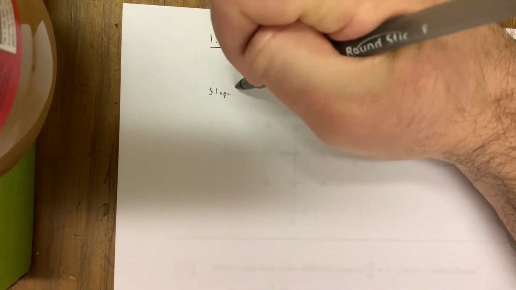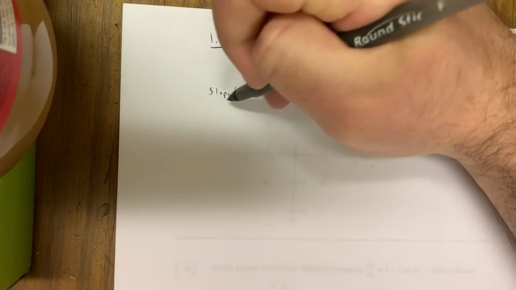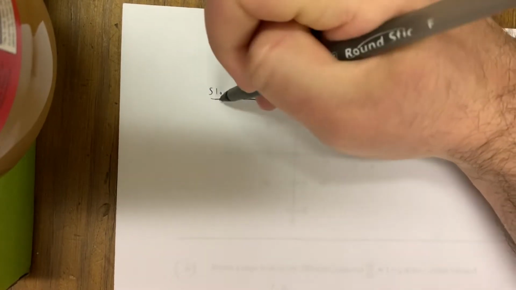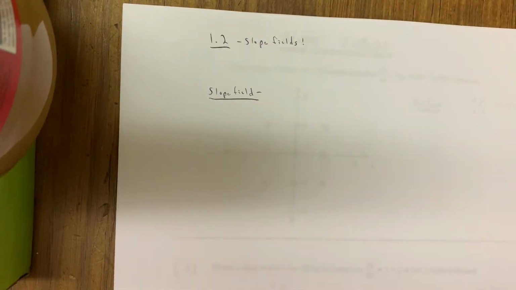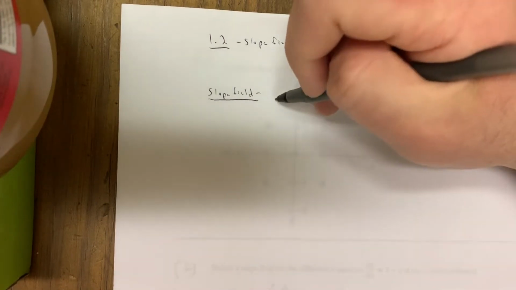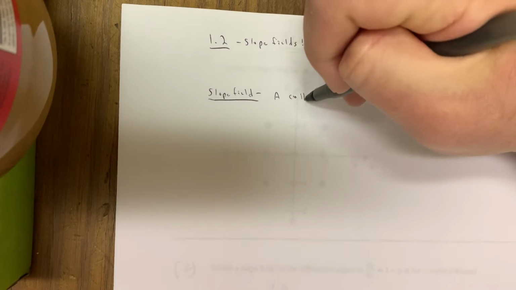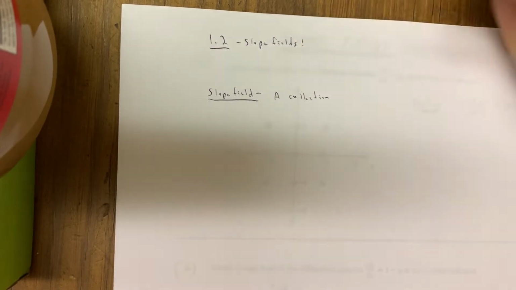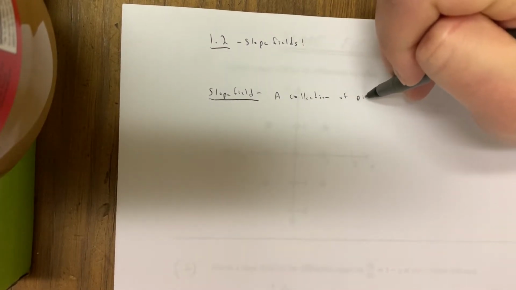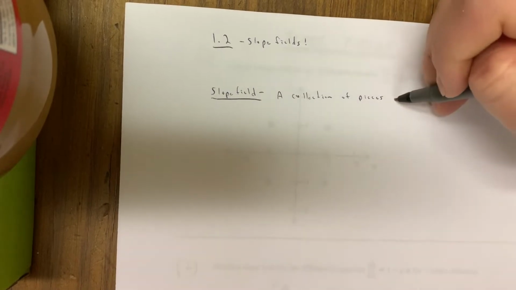Let's talk about a Slopefield. Now, how are they going to model infinitely many particular solutions? They're going to do it using the derivative, using the slope. A Slopefield is really just a collection of pieces of little tangent lines that model a general solution.